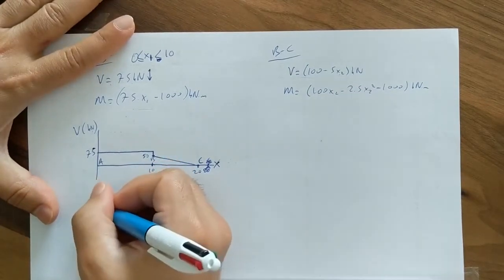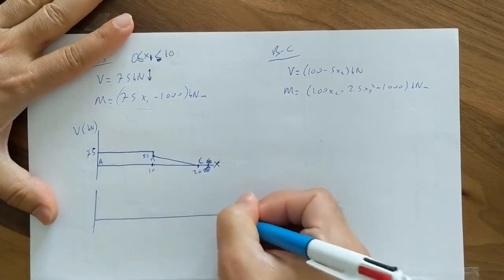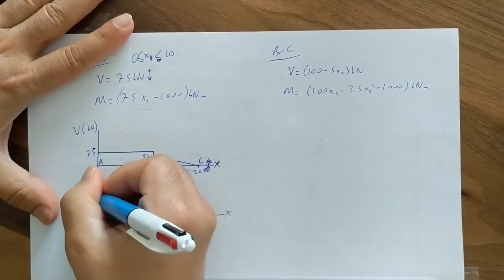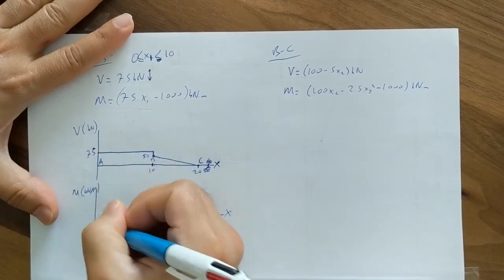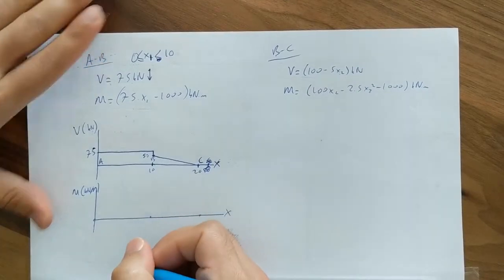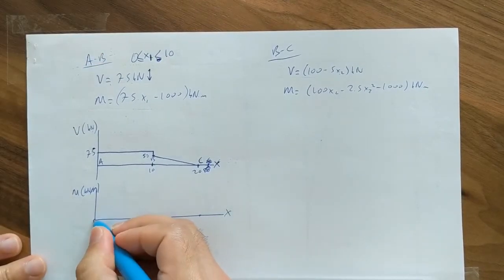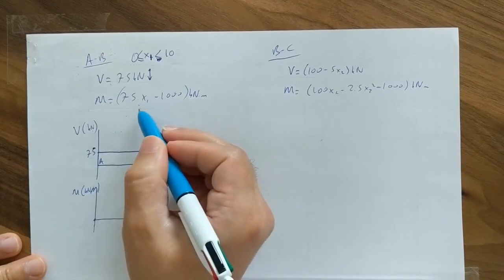Going next to the moment diagram, kilonewton meter. So when x1 is 0, I look at this equation.